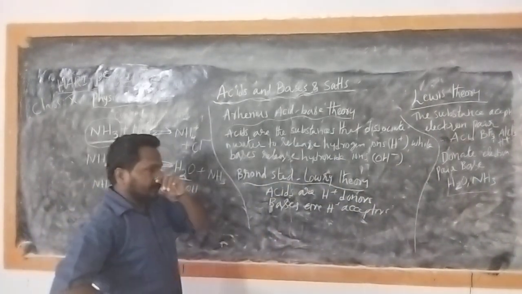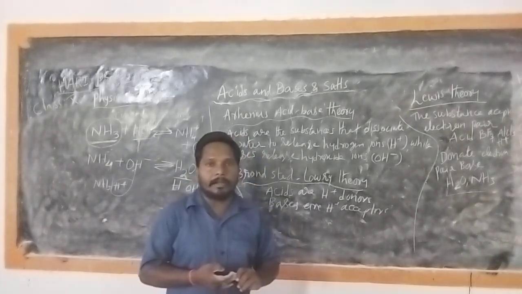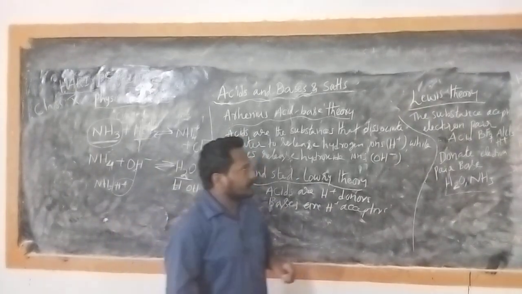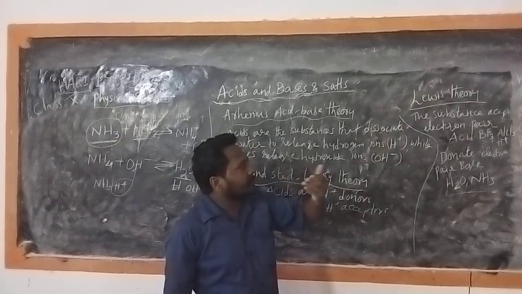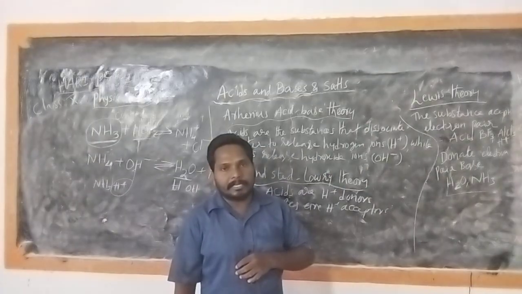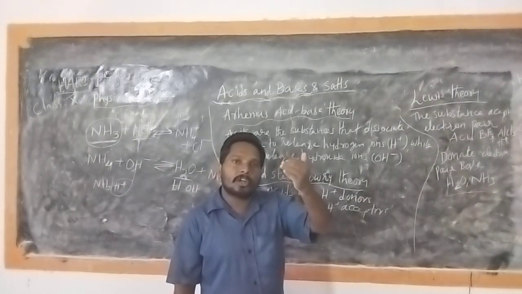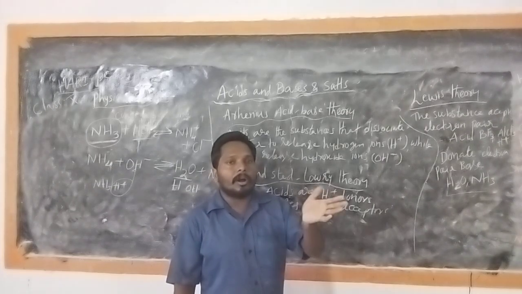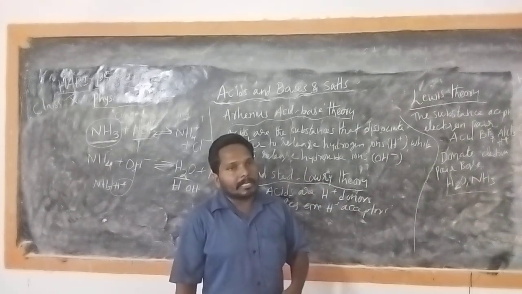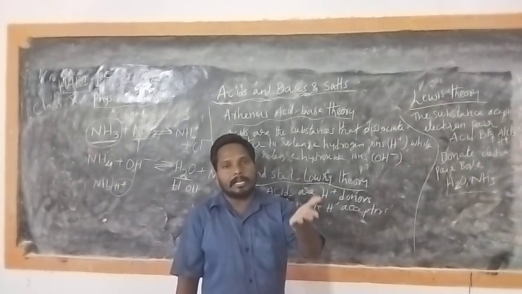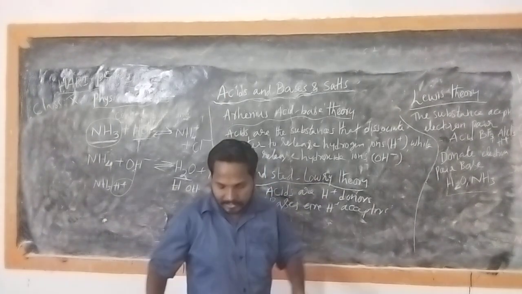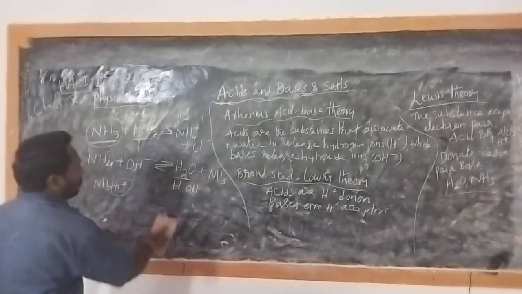Then one more theory regarding acids and bases is Lewis theory. The substance that accepts an electron pair is called an acid. The substance which donates the electron pair is considered a base.